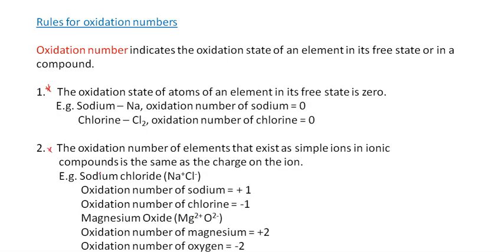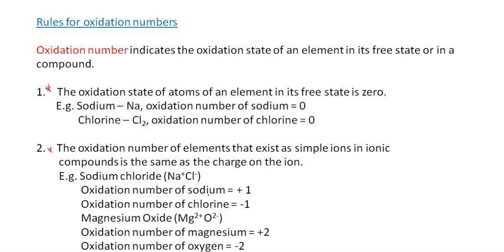Next rule: the oxidation number of elements that exist as simple ions in ionic compounds is the same as the charge on the ion. In sodium chloride, we have Na+ and Cl-. The oxidation state of sodium is +1, which is simply the charge on the ion, and the oxidation number of chlorine is -1.